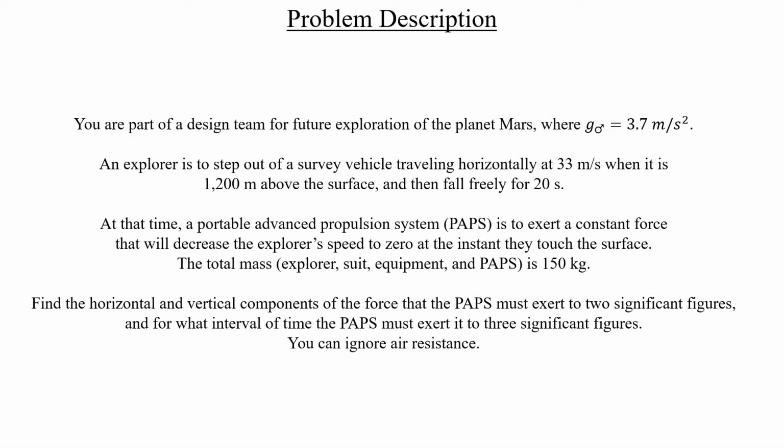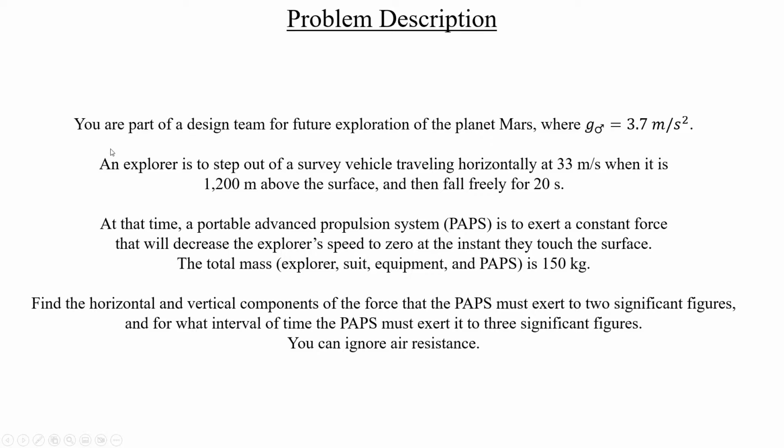This time, we're part of a design team for the future exploration of the planet Mars. And we're given the acceleration due to gravity on the planet Mars being equal to this value. And if you're wondering what this subscript symbol means, it's just the astronomical symbol for the planet Mars. So really, we're just given the magnitude of the acceleration due to gravity on Mars.